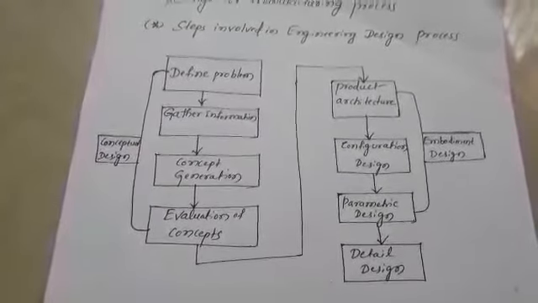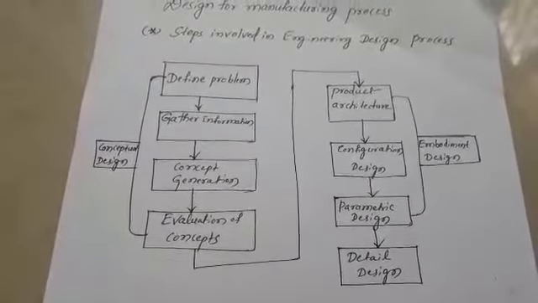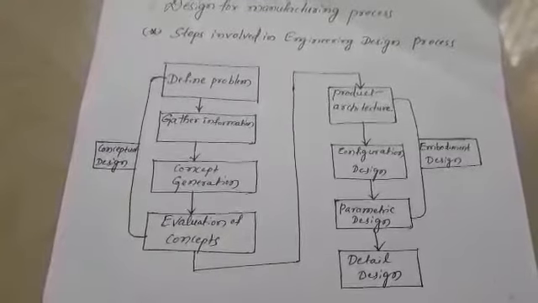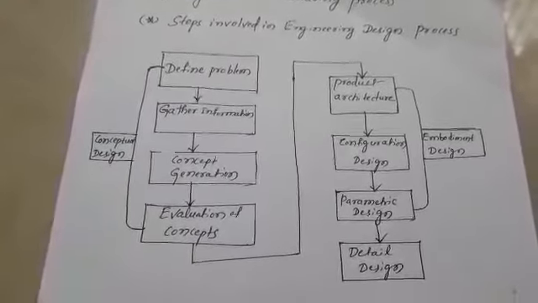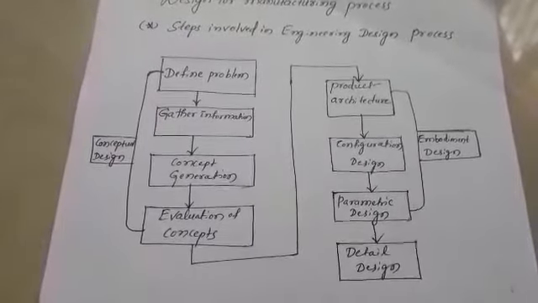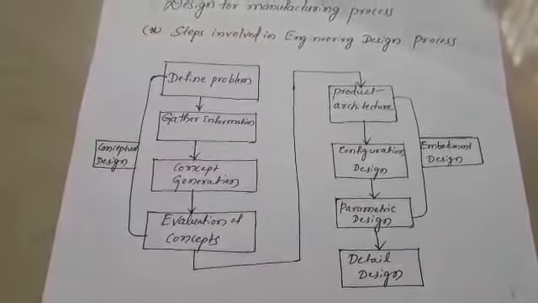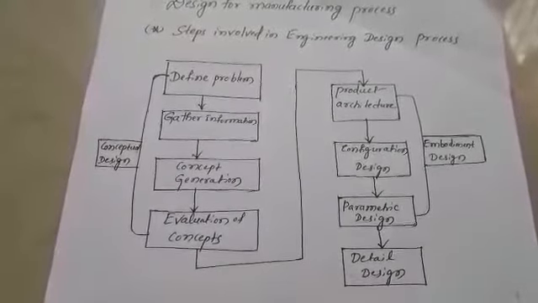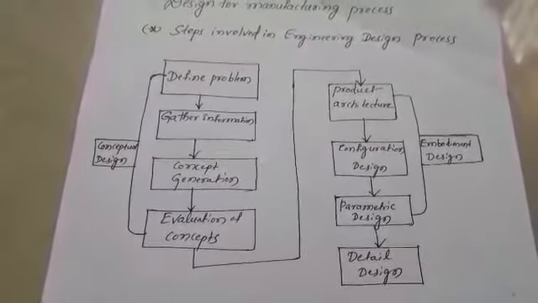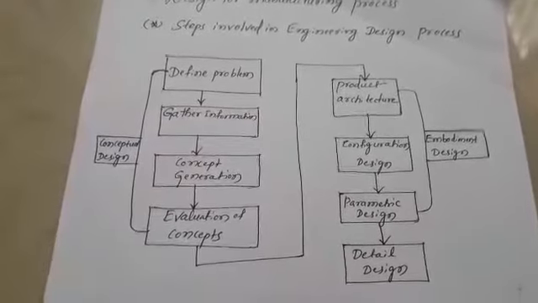For example, if you have not taken any decision about the material, manufacturing process, dimensions, tolerances, or arrangement, those are the informations, if you missed them in any steps, you have to collect and do them in the detailed design.